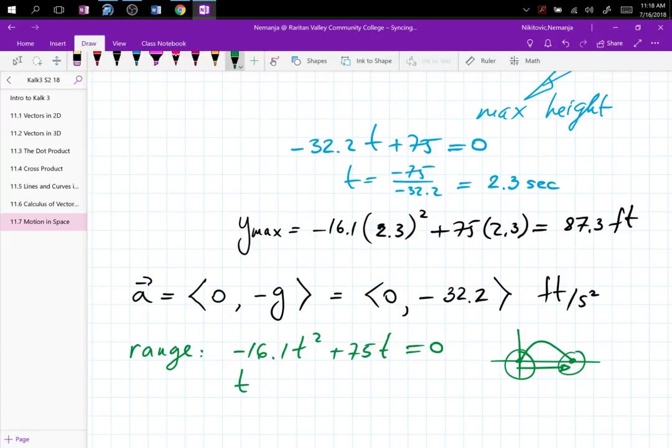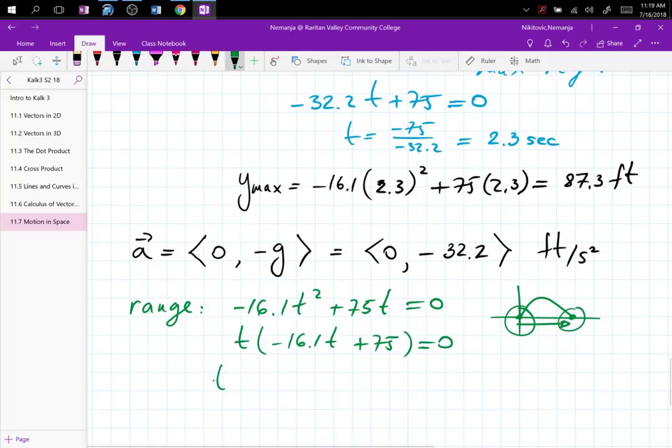So we factor out t, and we have negative 16.1t plus 75 equal to 0. t equals 0, we know that's the first solution, and the second solution is negative 75 divided by negative 16.1. So 75 divided by 16.1 is 4.7 seconds.